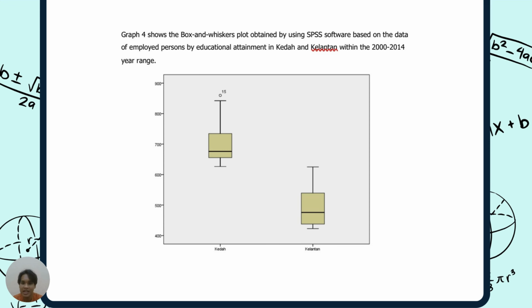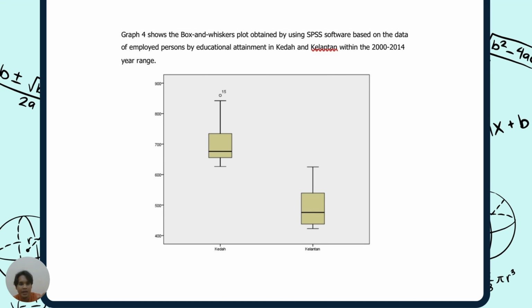While Kelantan has a lower median and possibly a narrower range, indicating less educational attainment among employed persons. On the whisker part, the whisker is the extent from the edges of the box to the smallest and largest value within 1.5 times the IQR. And any points beyond the whisker are considered outliers, which may indicate exceptional cases in employment based on education.